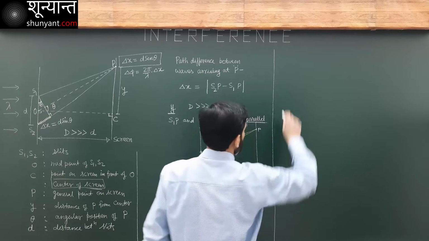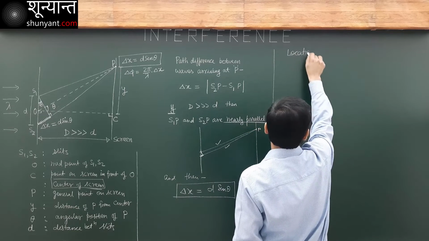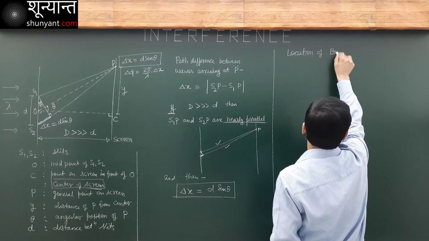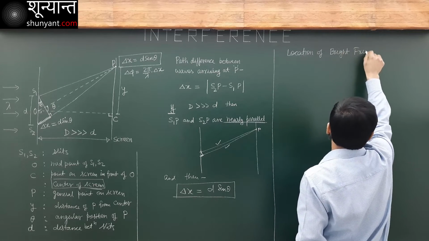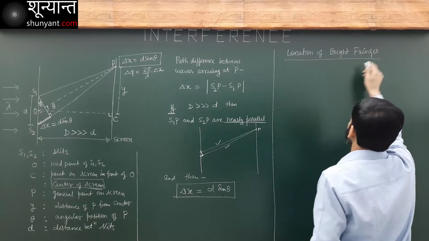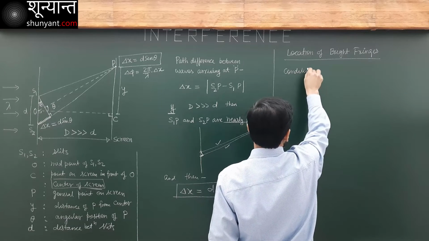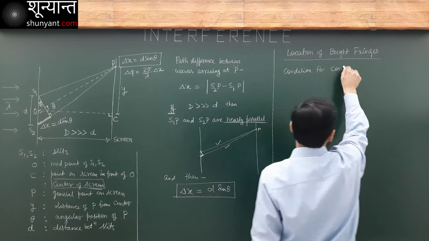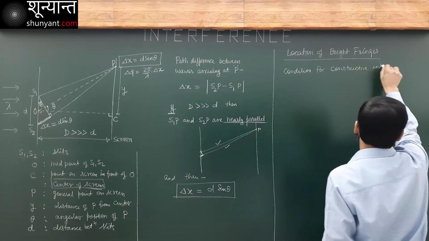Now, for constructive interference, let's find out the location of bright fringes. What is the condition for constructive interference?